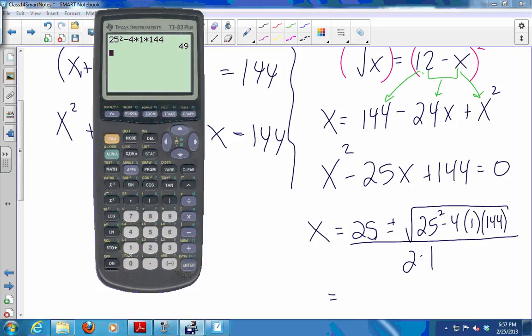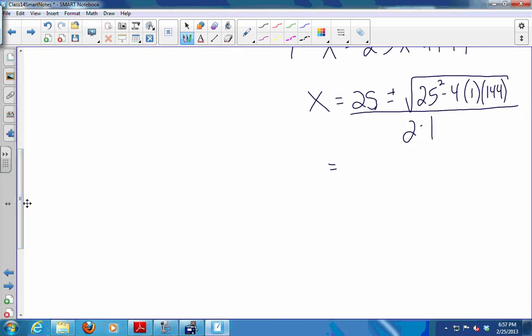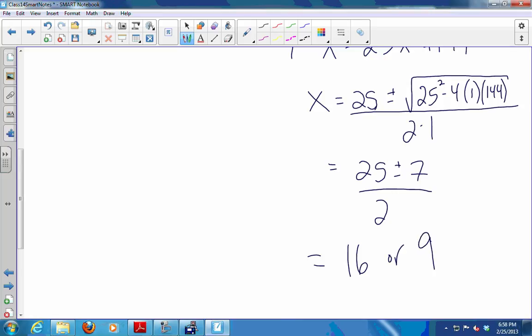So it does factor. It's a perfect square. So I have 25 plus or minus 7 over 2. 25 plus 7 would be 32 over 2 is 16. And 25 minus 7 is 18 over 2 is 9.